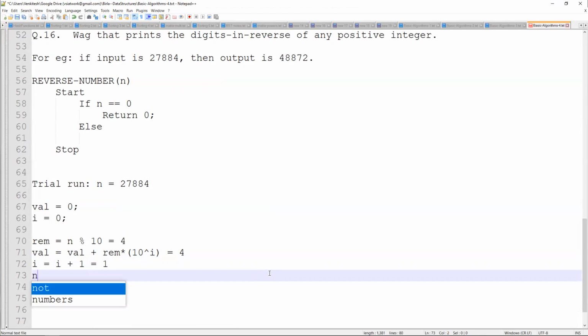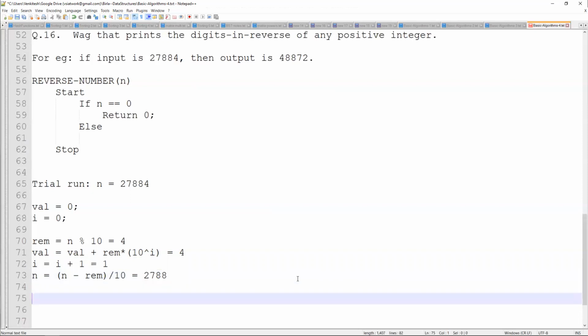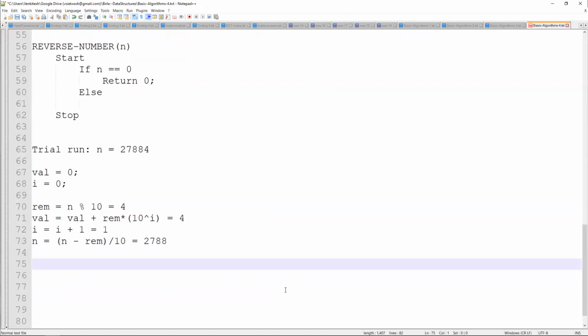I'll do n is equal to n minus rem by 10. N minus rem was 27880, divided by 10, now n becomes 2788. Note this. Now we are going to go on repeating this. This was the first cycle.